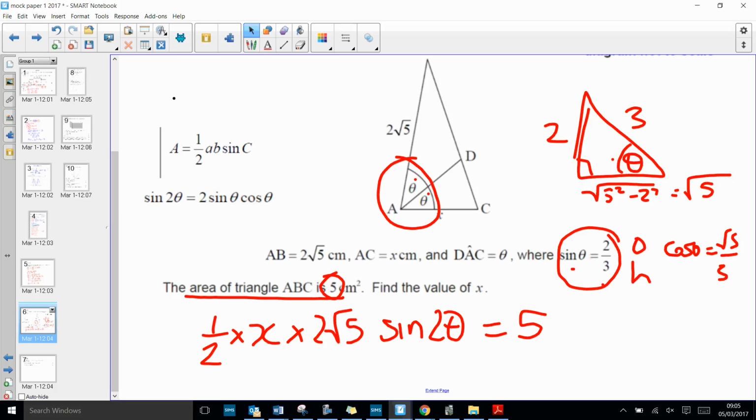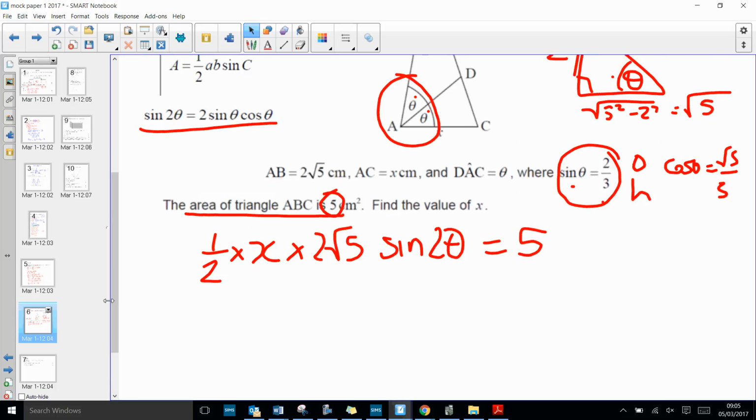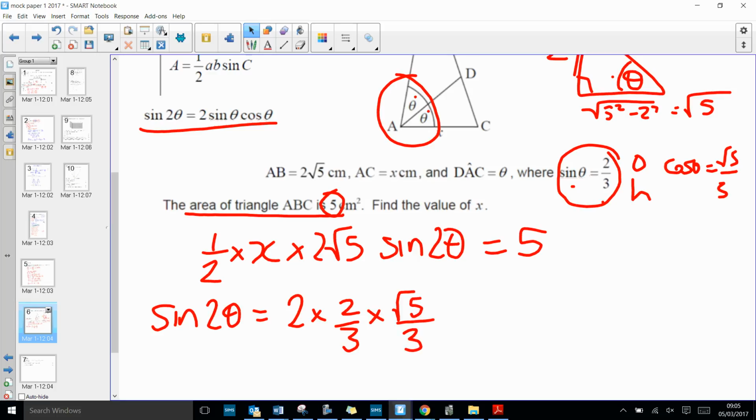So now we can find an expression for sine 2 theta. So sine 2 theta is 2 lots of sine theta, which is 2/3, multiplied by cos theta, which is root 5 over 3. Let's simplify this.